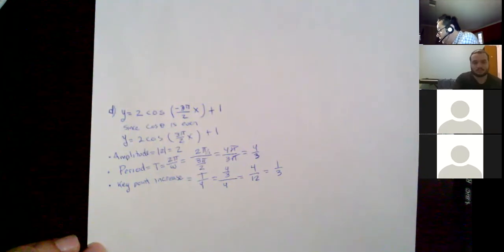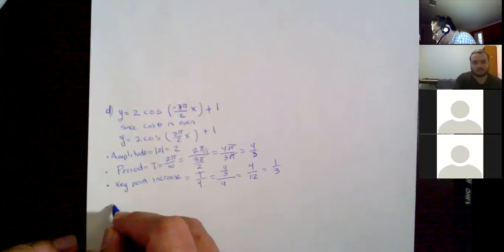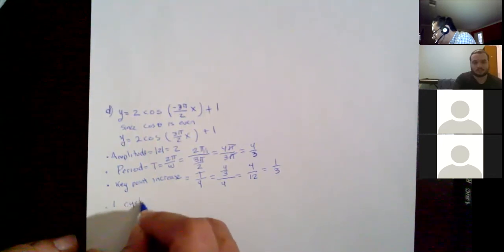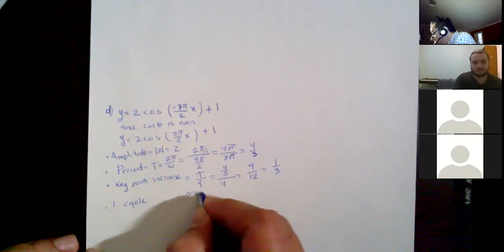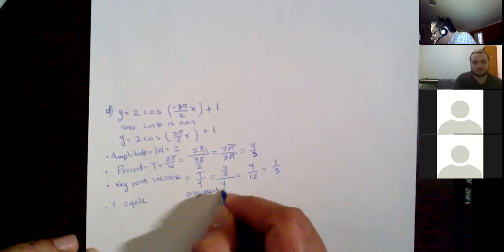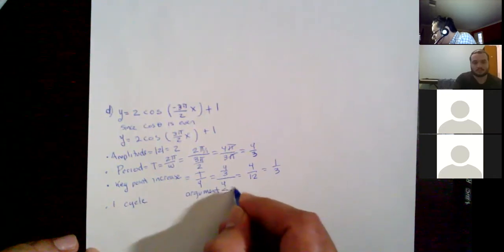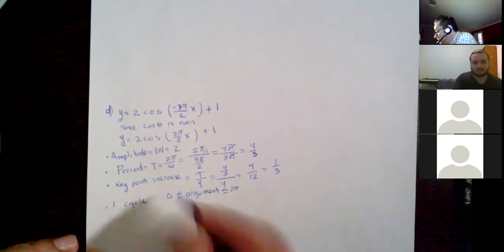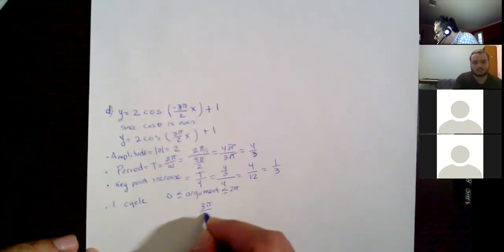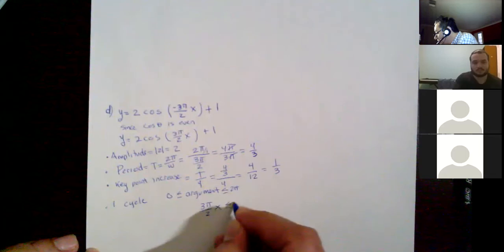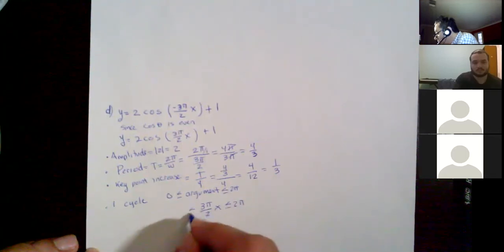Now, I'm going to find one cycle. Remember, in order to find one cycle, you get the argument and you make it less than or equal to 2 pi and greater than or equal to 0. So what is the argument? The argument is 3 pi divided by 2x, less than or equal to 2 pi, greater than or equal to 0.